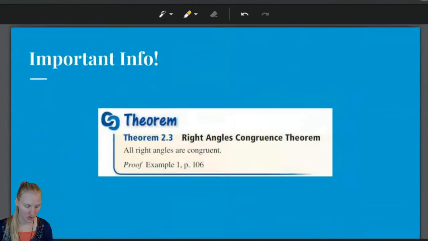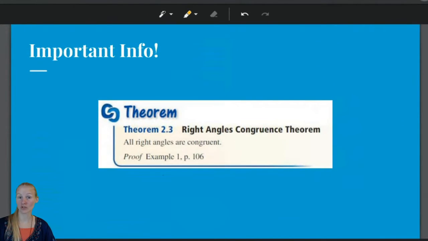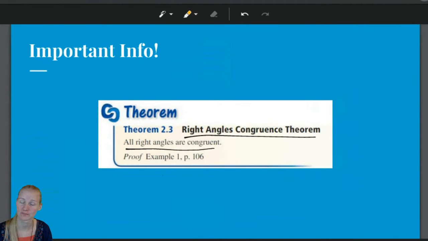Now, we are going to talk about an important theorem, and then we're going to prove it using flowchart proofs. So, this theorem is the right angles congruence theorem, and it simply states all right angles are congruent.